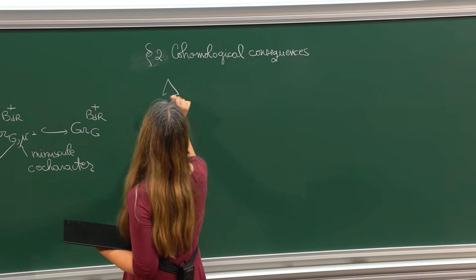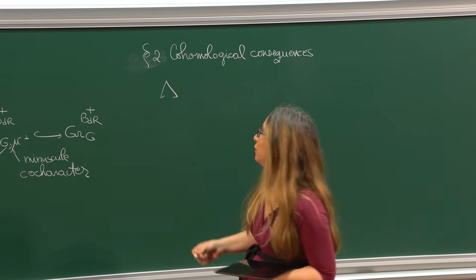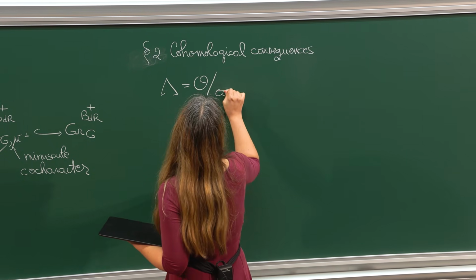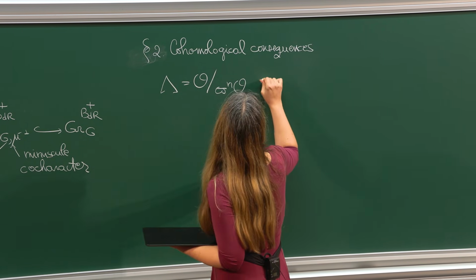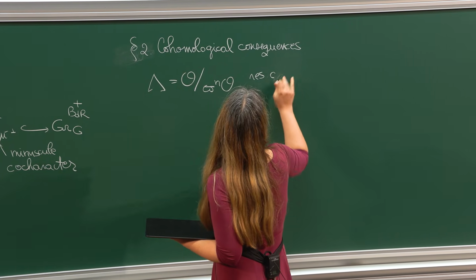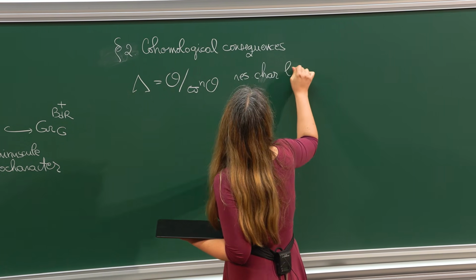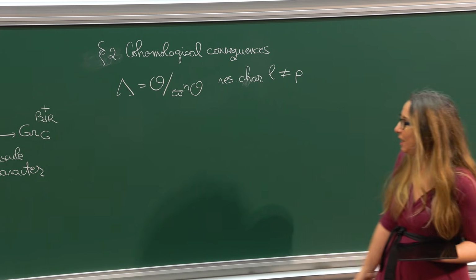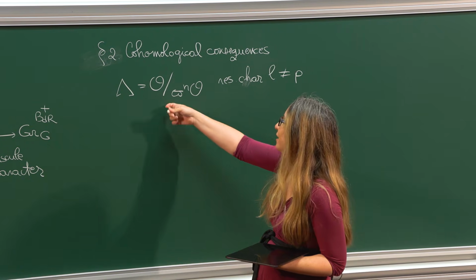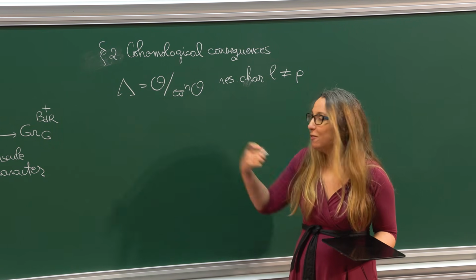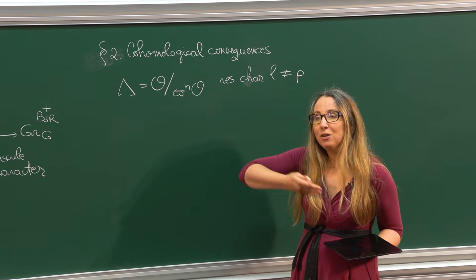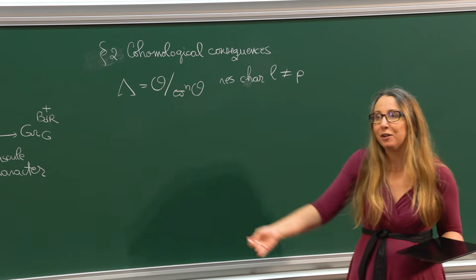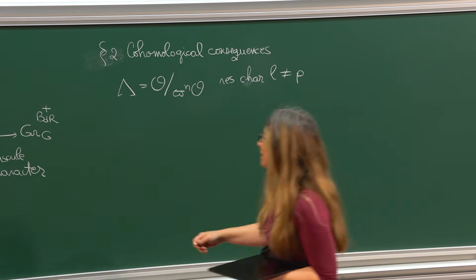In this talk, I'm going to work with some ring of coefficients Lambda, which I'm going to say is some O mod some uniformizer, but with residue characteristic L different from P. So this is a talk really about L not equal to P. And for technical reasons, it's going to be simpler for me to work in this torsion case, but consequences for the cohomology of Shimura variety with characteristic zero coefficients you will recover by taking limits.